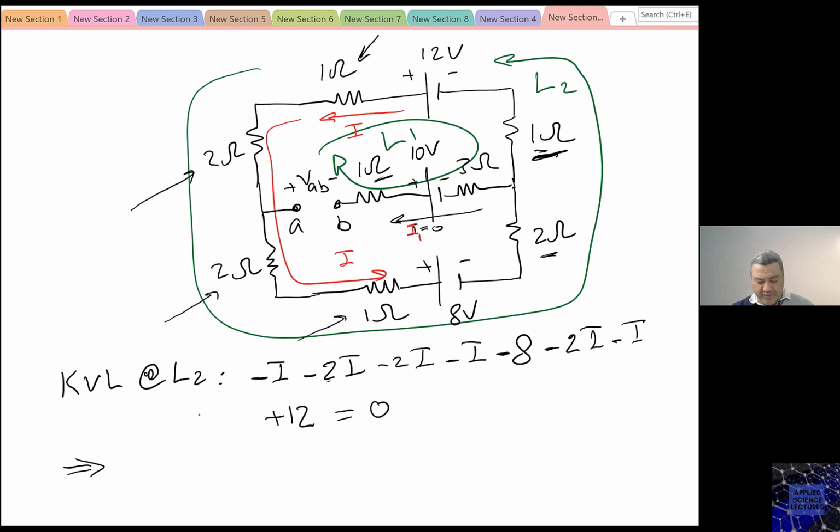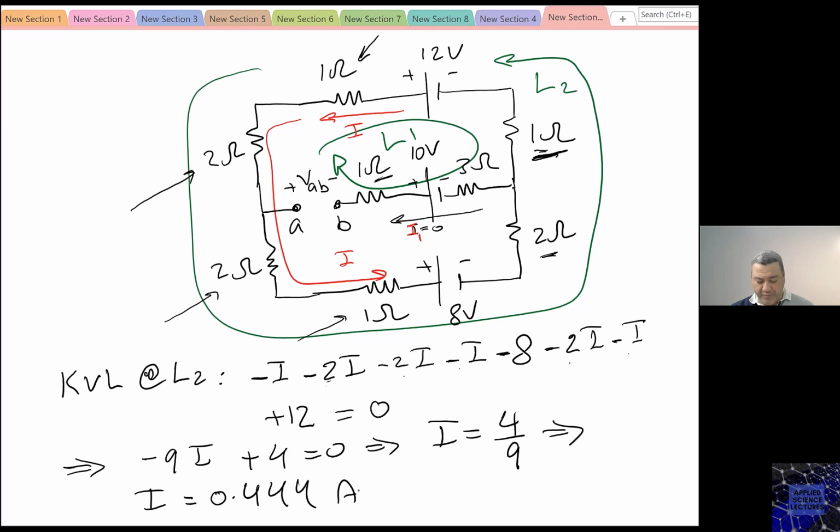And here I have, let's add this: minus 1, minus 3, minus 5, minus 6, minus 8, minus 9, minus 9I, minus 8 plus 12 is plus 4, equals 0, and then I have I equals to 4 divided by 9, or I equals to 0.444 ampere.